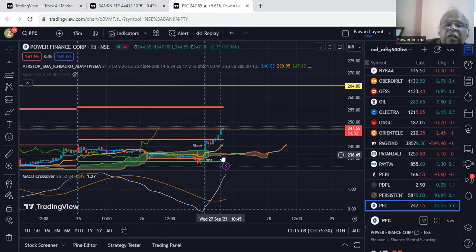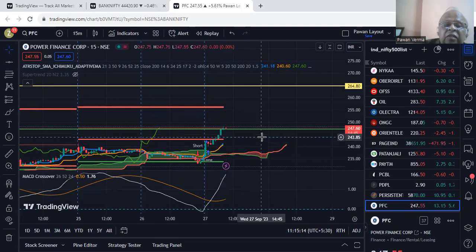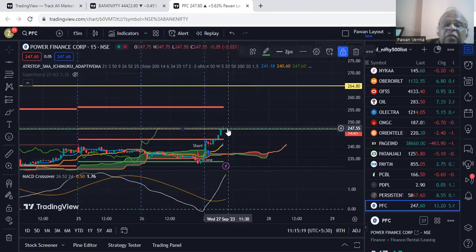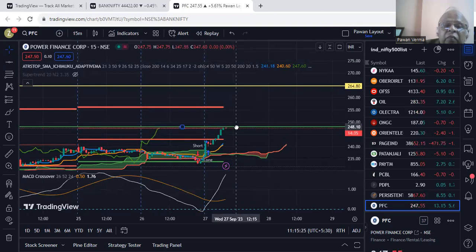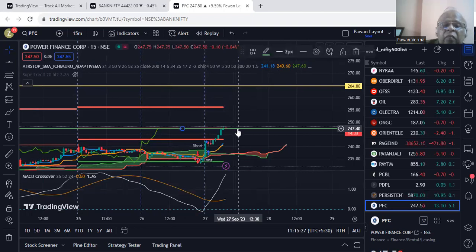Now you can clearly visualize that. So the crossover is seen just above this. This is the cross.